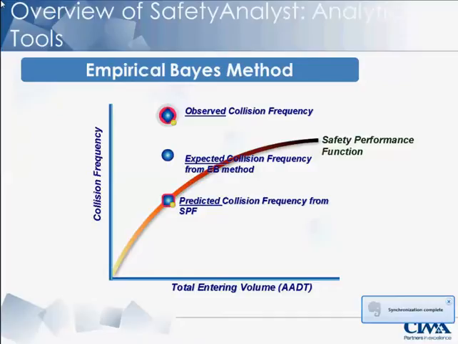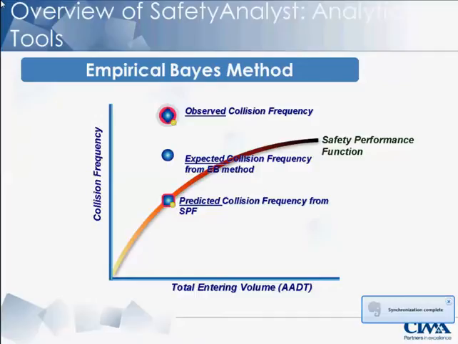And then in the empirical based method, you calculate the expected long-term collision for a location using the linear combination of observed and your predicted. So it becomes W multiplied by your observed plus 1 minus W multiplied by your predicted, which is the value you get from the SPF. And this becomes your long-term characteristics, or long-term collision frequency at a location.